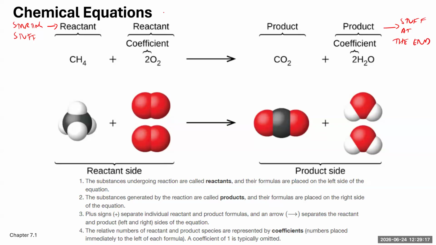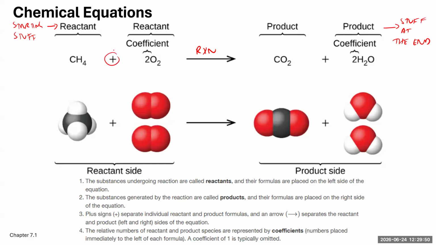All chemical equations are a list of starting stuff and a list of ending stuff, sort of, right? This is where the reaction takes place. These starting stuff are called reactants. They're on the left side of the equation. The products, the stuff at the end, are on the right side of the equation.